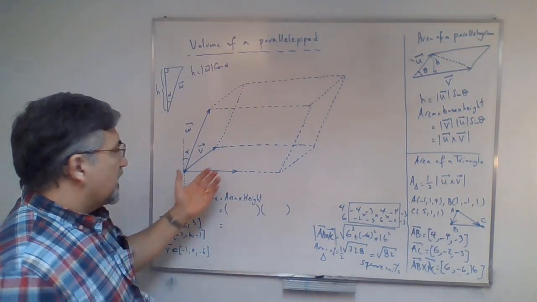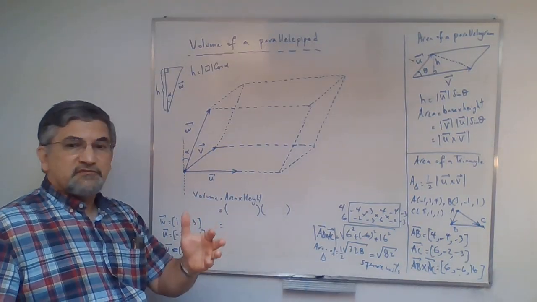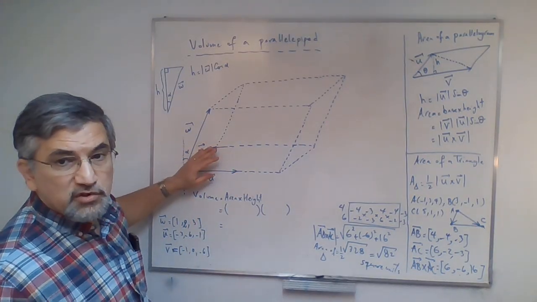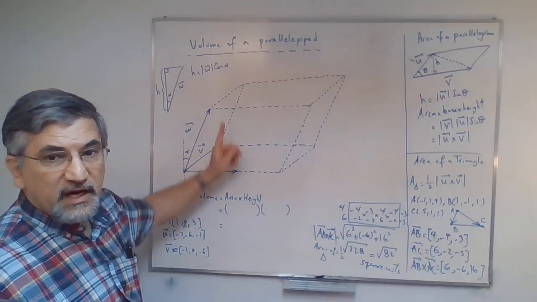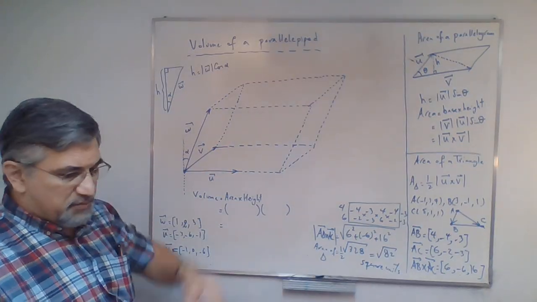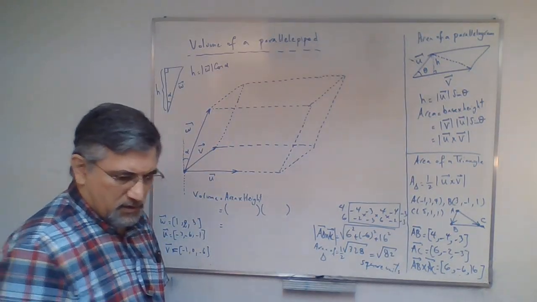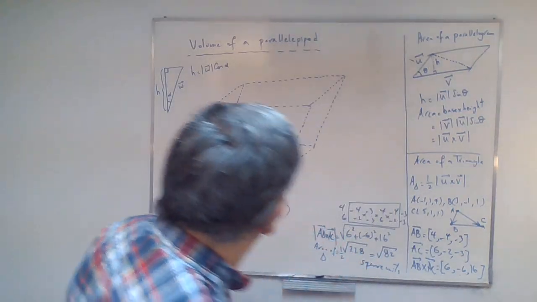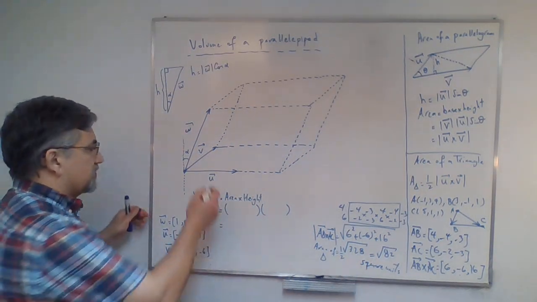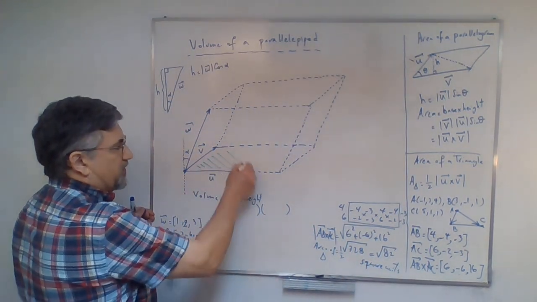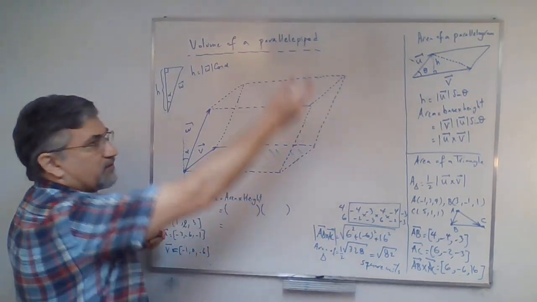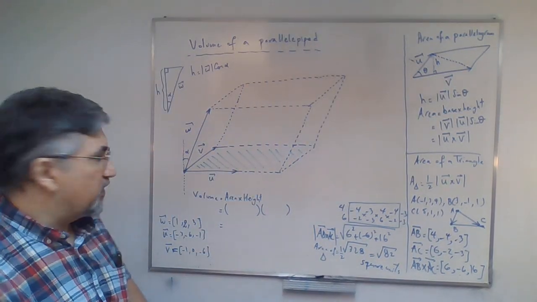Okay, at the end of the day, it's a prism, and the volume of every prism is found by multiplying the area of the base by the height of it. Area of the base is actually the area of the parallelogram. This area can be found using the cross product formula.